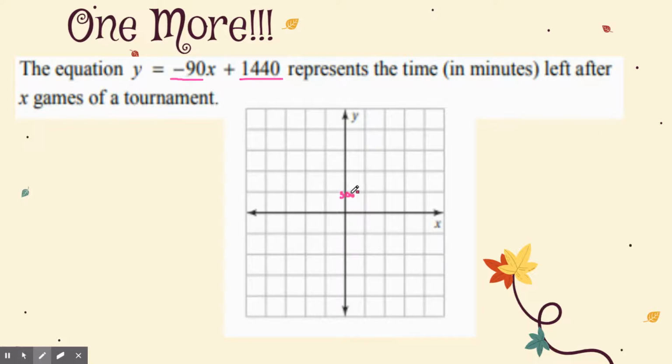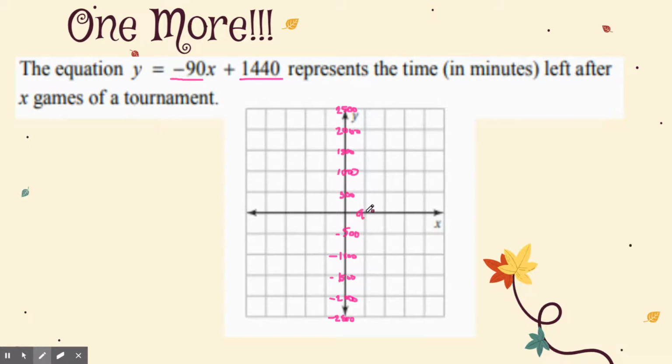I'm going to do 500, 1,000, 1,500, 2,000, 2,500. And then I'm going to go here and I'm going to say negative 500, negative 1,000, negative 1,500, negative 2,000, negative 2,500. All right, and now I'm going to do my x's, and since my x's are changing by 90s, that's what I'm going to do here.